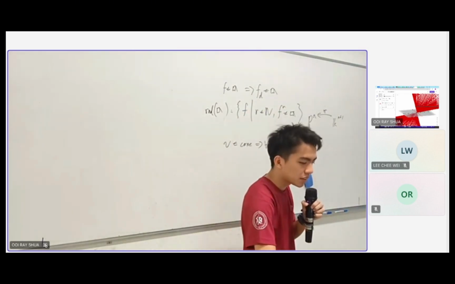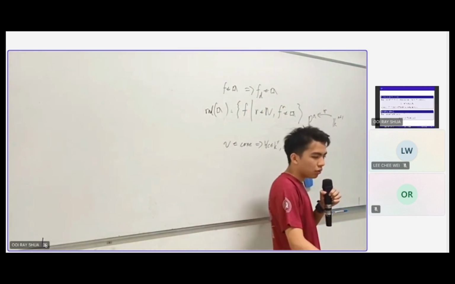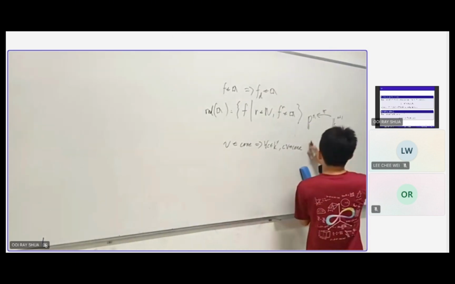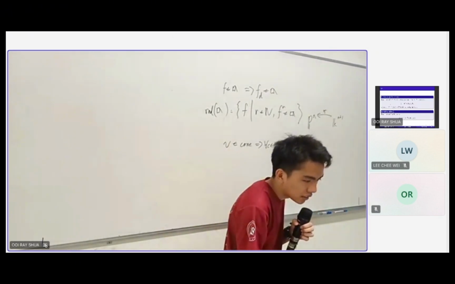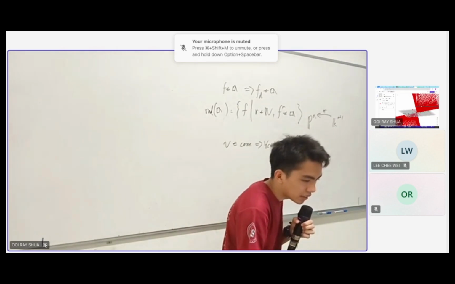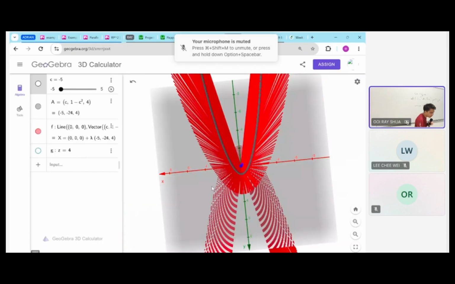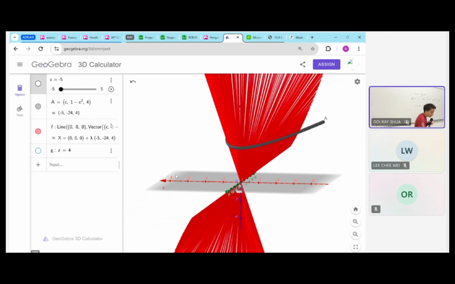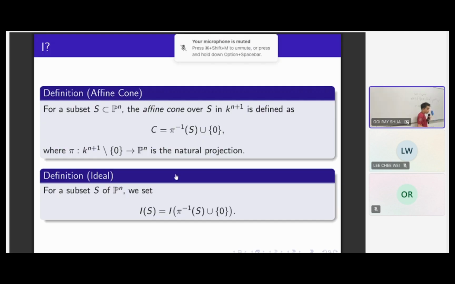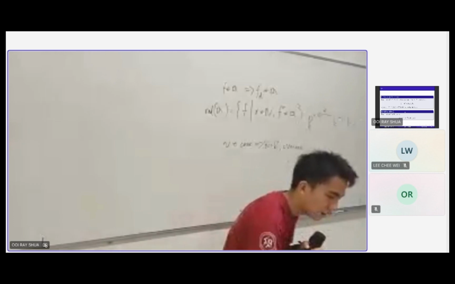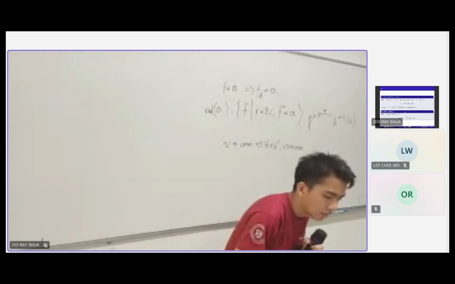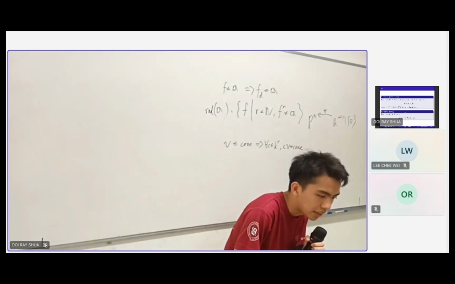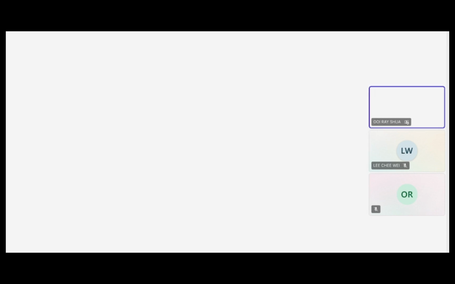So the inverse process, the pre-image, will be just taking the pre-image of S inside the projective space, projecting it out, and then forming the cone. You also have to include the origin, because we exclude the origin from the higher dimensional space. With that, we can define the ideal of a projective algebraic subset of P^n.